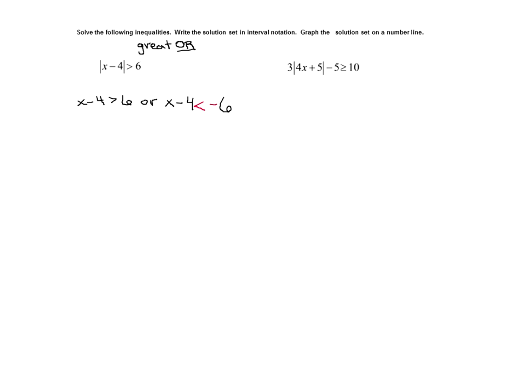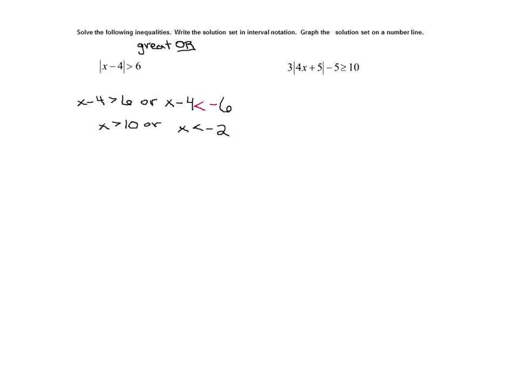And there you have it. So from there, we just continue bringing down the word "or," and we solve each inequality separately. So that means I'm going to add 4 to both sides, giving me x is greater than 10.